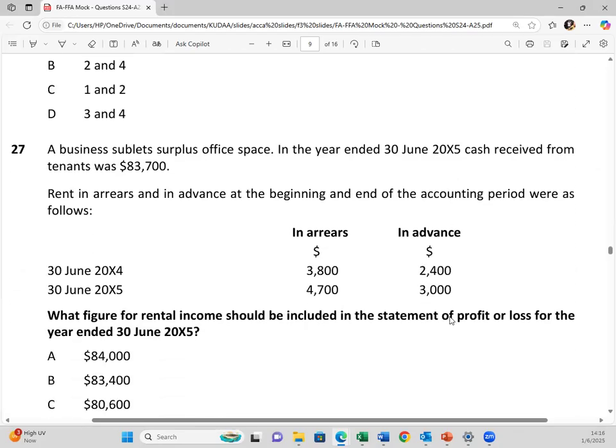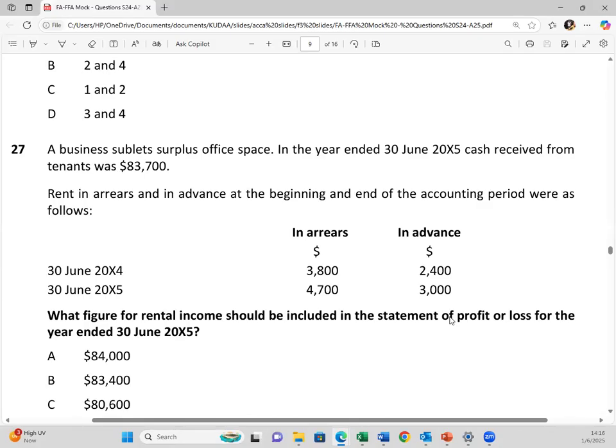Number 27. A business sublets surplus office space. So if you're subletting, it means you're renting out. So in the year ended 30 June 20x5, cash received from the tenants was 83,700. Rent in arrears and in advance at the beginning and end of the accounting period were as follows.